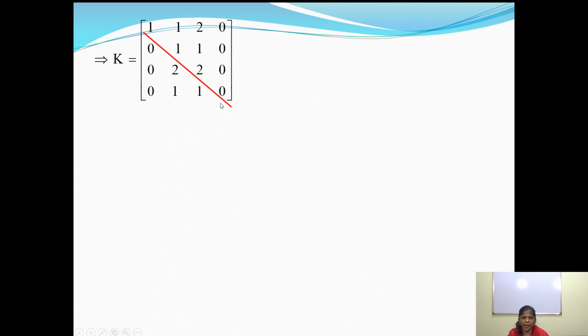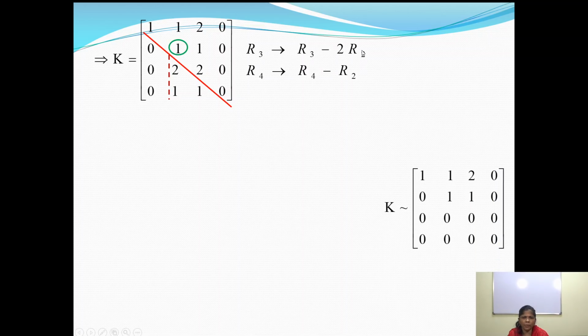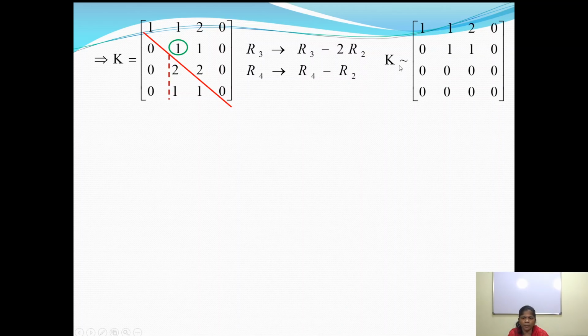Again identify diagonal elements. Then we have second diagonal element as 1. All elements lying below it must be made 0 with the help of this principal diagonal element. So the set of operations to be performed is R3 minus 2R2 and R4 minus R2. What we get?